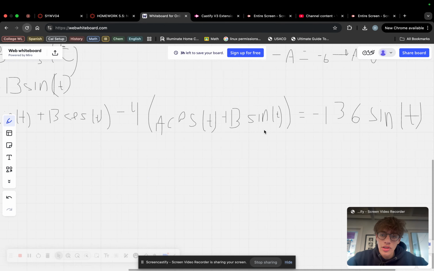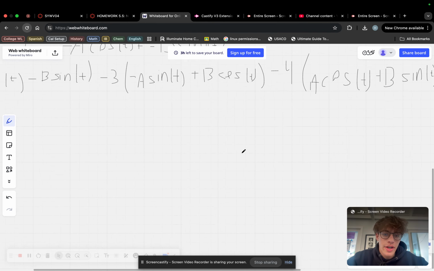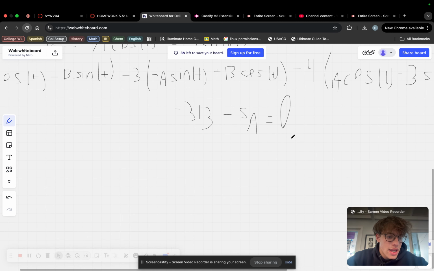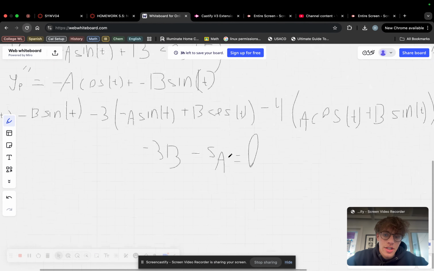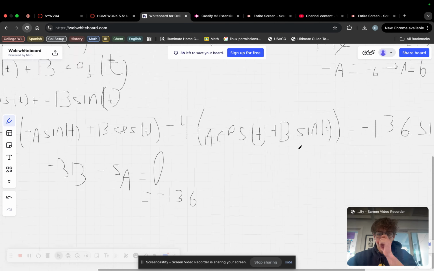We know that equals 0 because there's no cosine term over here. So negative 3b minus 5a equals 0, because we have 1 over here and 4 over here. Then collecting the sine terms, we know it's going to equal negative 136, because that's the coefficient in front of sine.